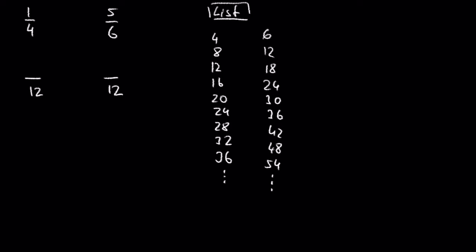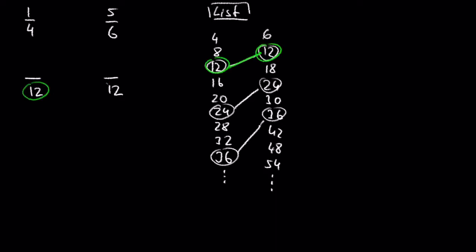Some common multiples of 4 and 6 are 12, 24, and 36. The least common multiple of 4 and 6 is 12. Listing the multiples of each number is one way of finding the least common denominator.